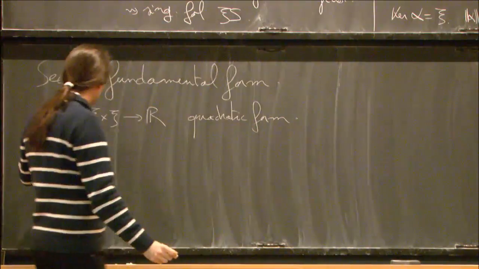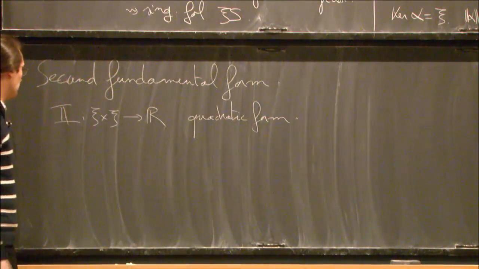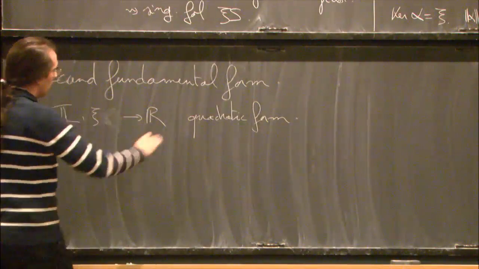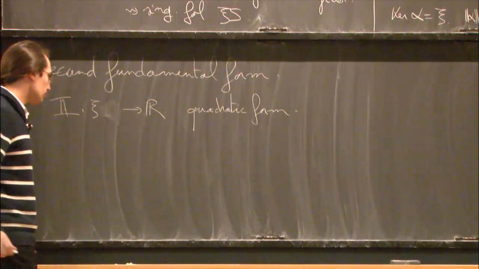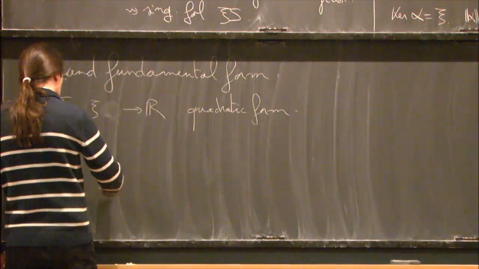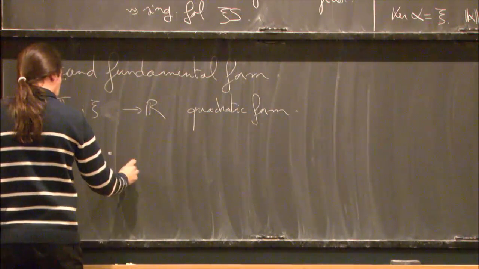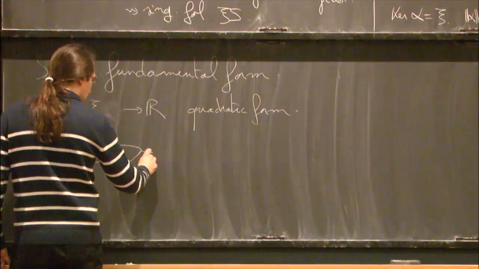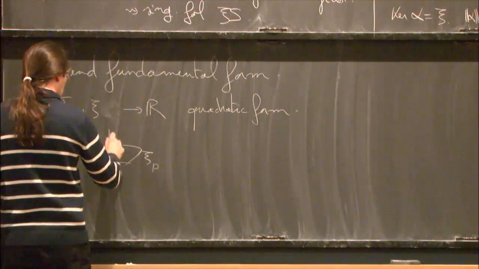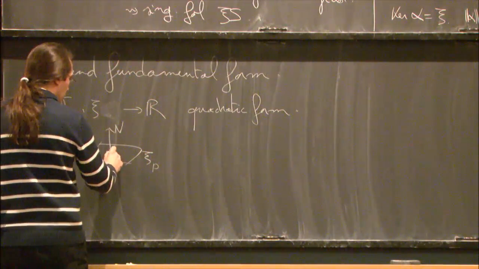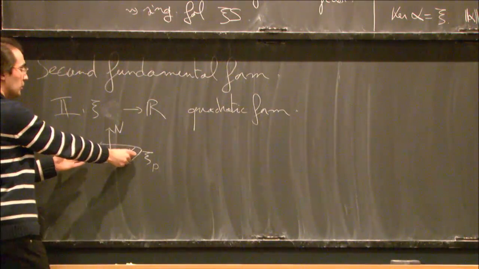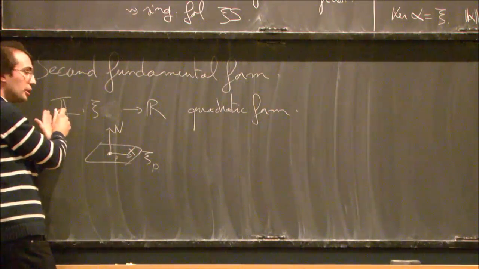I guess the way I wrote it is a symmetric bilinear form, from psi to R, and this is a quadratic form. And how do you do that? You choose a point P, and you've got your plane psi P with its unit normal n, and then you choose one more vector x, the one you want to compute the second fundamental form on.